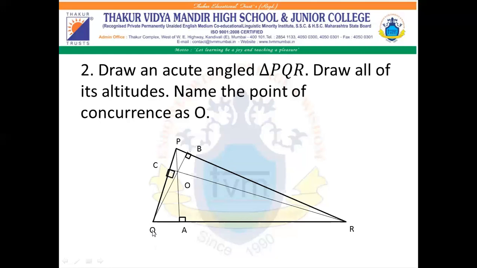From the vertex Q, draw segment QB perpendicular to the opposite side PR. Here, the altitudes PA, QB and RC are concurrent, means they pass through exactly one point. That point is O.